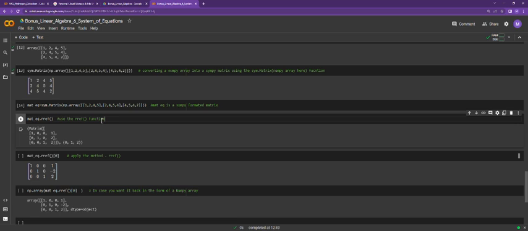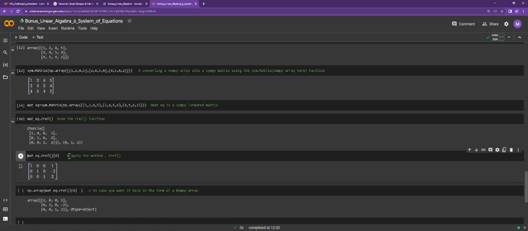Remember, we call this function as matrix.rref, we are not putting rref and then inputting the matrix. We are calling this function on the matrix. So we use the rref, reduced row echelon form function, call it on the matrix equation, and obviously we get that.